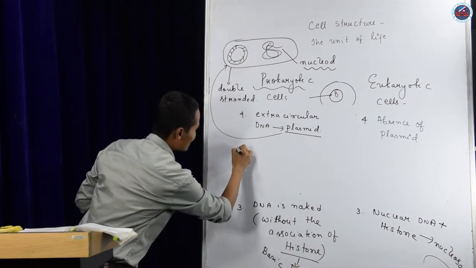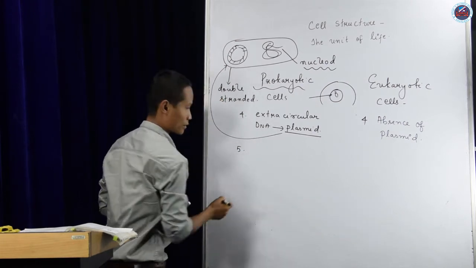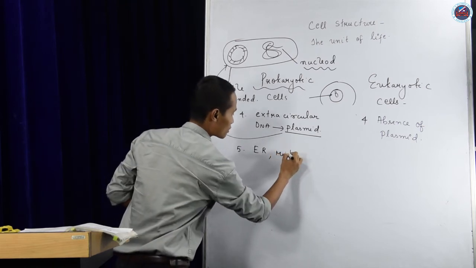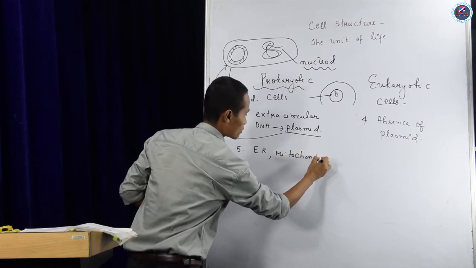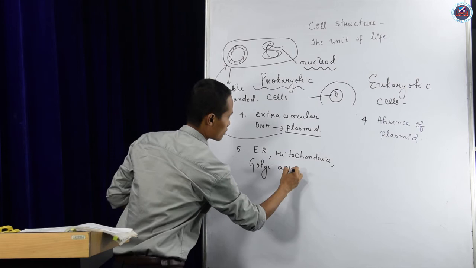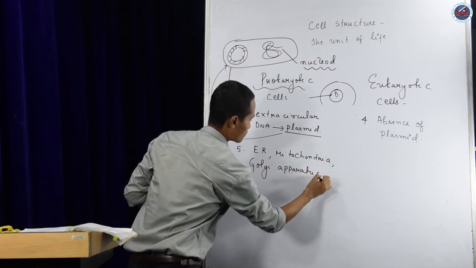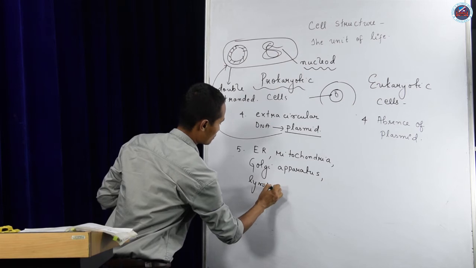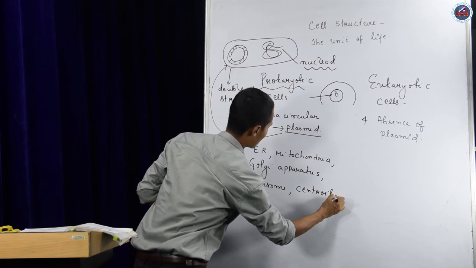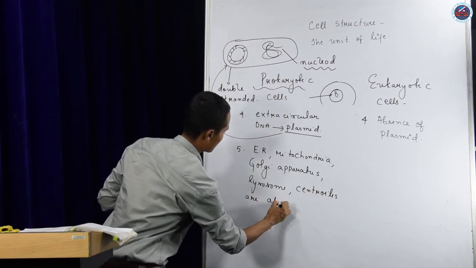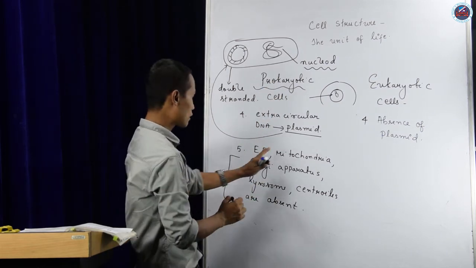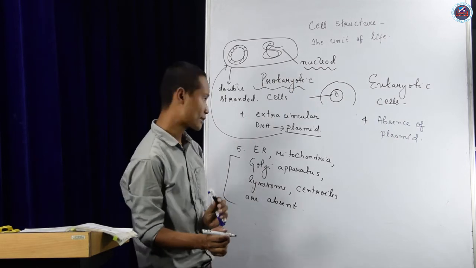The fifth point is based on the cell organelles. Endoplasmic reticulum, mitochondria, Golgi apparatus, lysosome, and centriole are absent in prokaryotic cells.